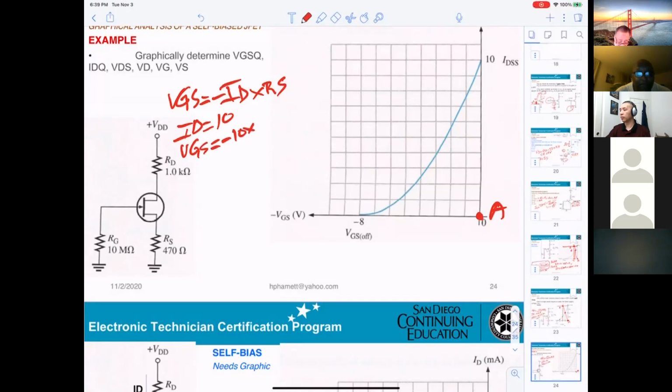Hey, Mr. Pham, I hate to interrupt you. Can you do, because you've been using 10, can you make ID equal 5? That's okay. You can do it. I can get ID equal 5.